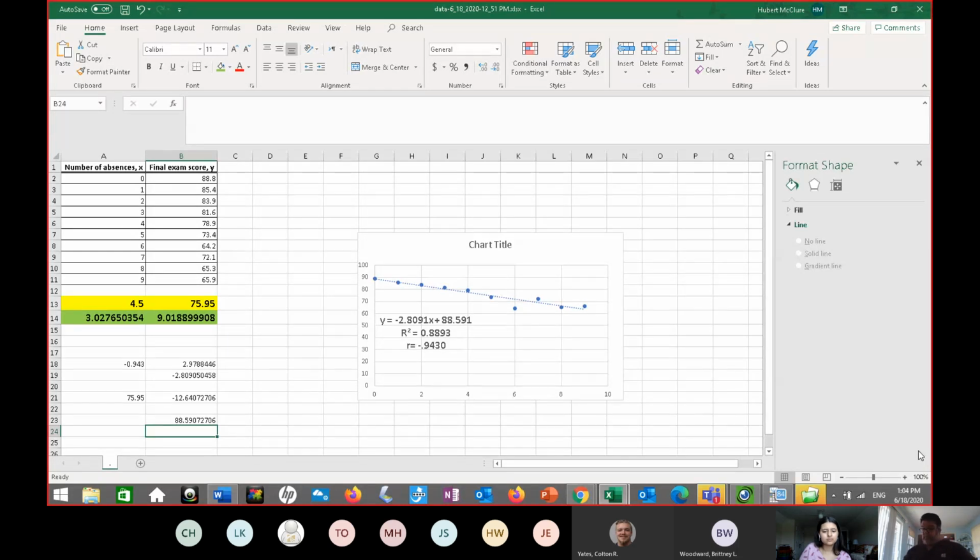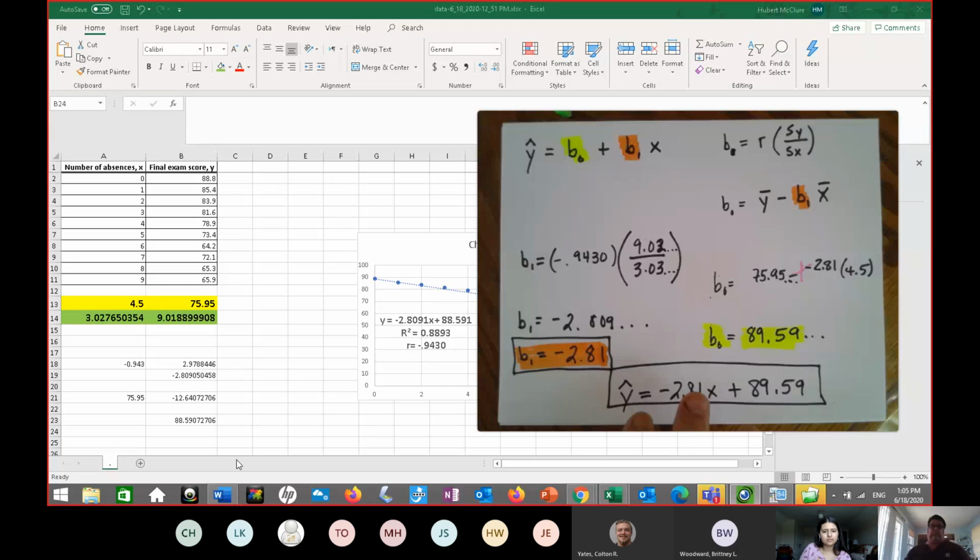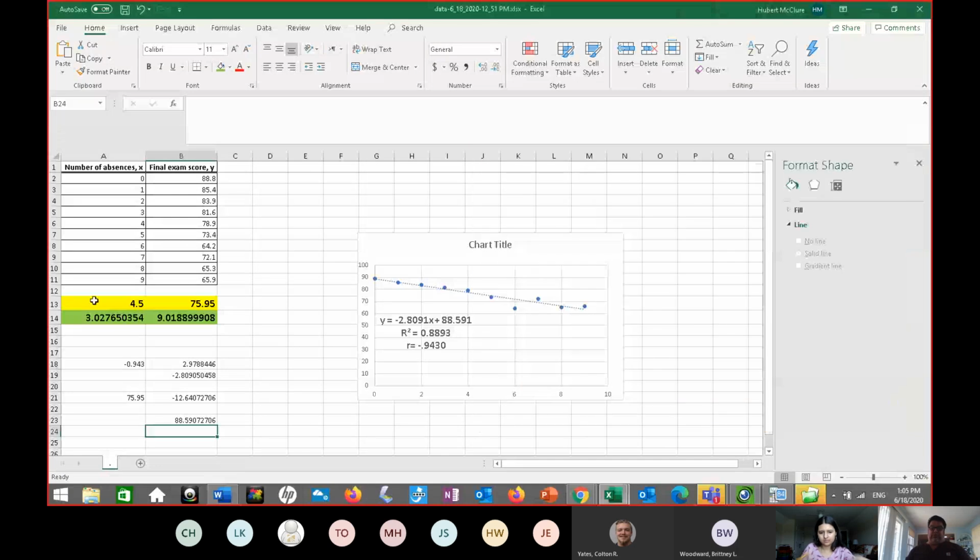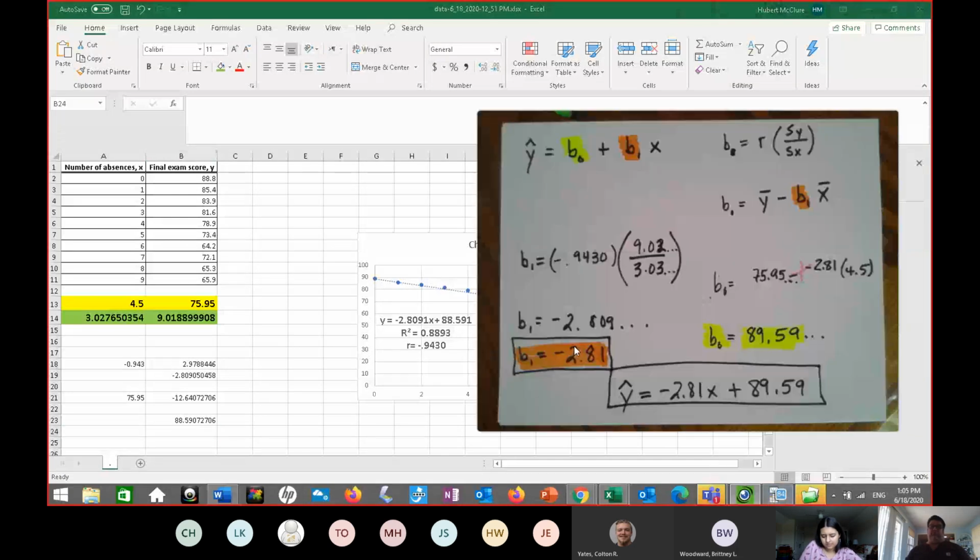So that's how you do it by hand. And it's real good right here to add those items, your SY, your SX, and your X bar and your Y bar. I put those right there.